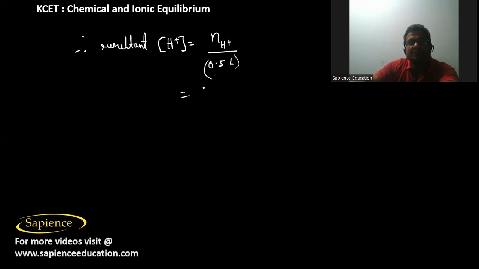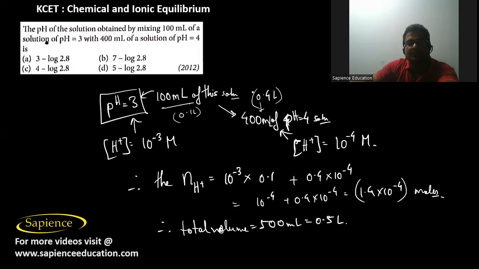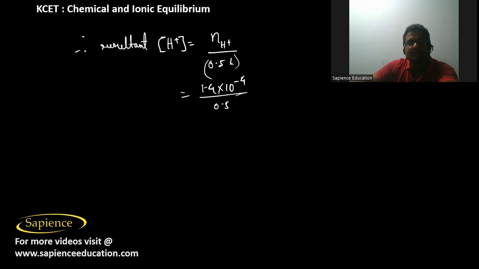So that will be equal to 1.4 into 10 power minus 4 moles divided by 0.5, that is equal to 14 by 5 into 10 power minus 4 molar.